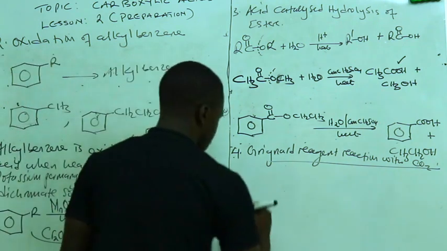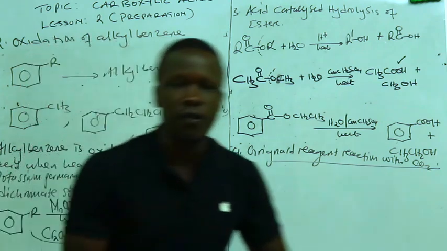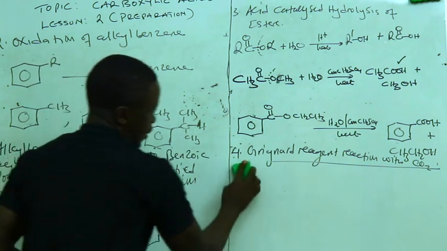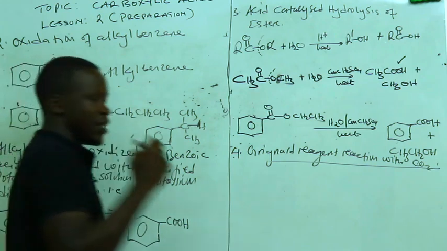We say that if you had a Grignard reagent, because if you have been following us and watching the videos, then you will be able to read the structure of a Grignard reagent.